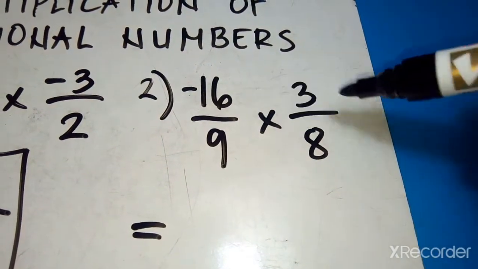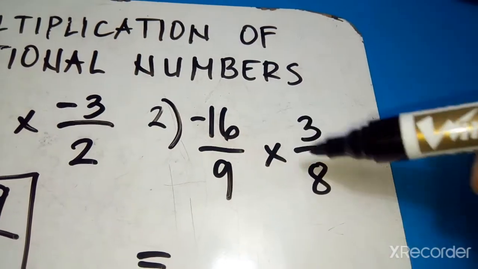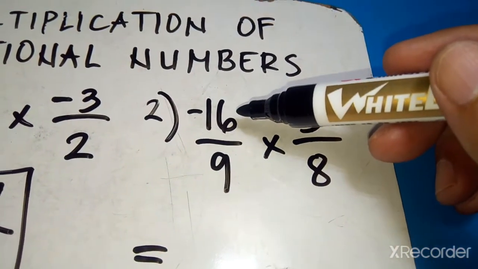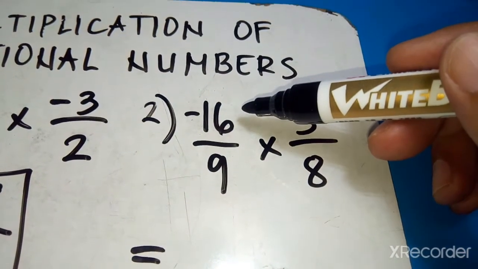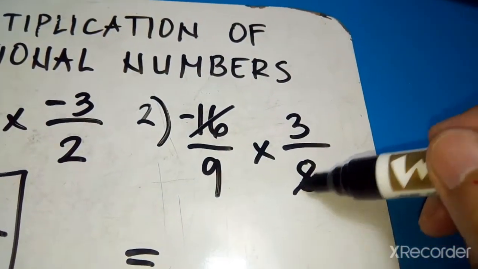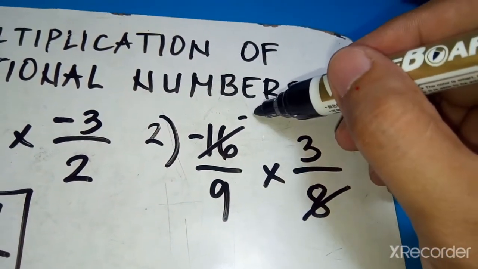Negative 16 and 8 can be cancelled, because negative 16 could be negative 2 times 8. So this will be cancelled out. Same thing with 8 here. So negative 16 will be negative 2.